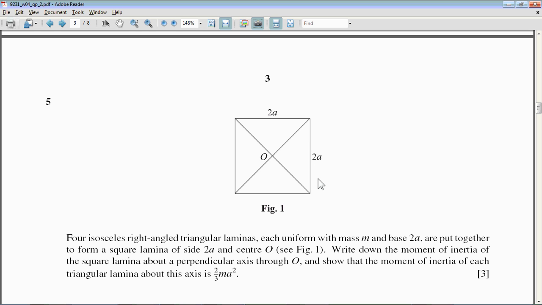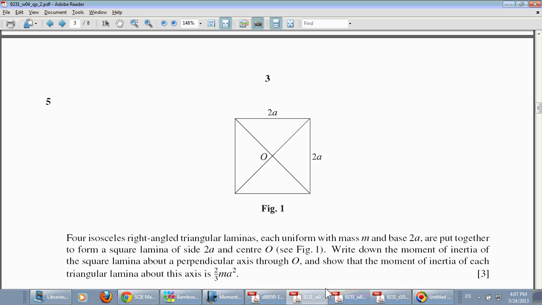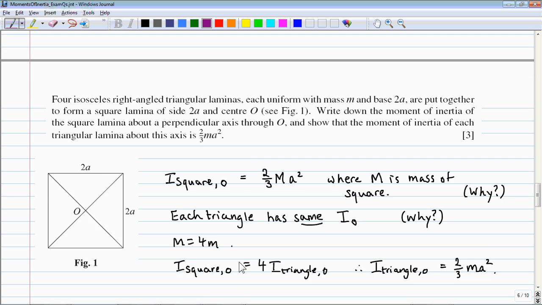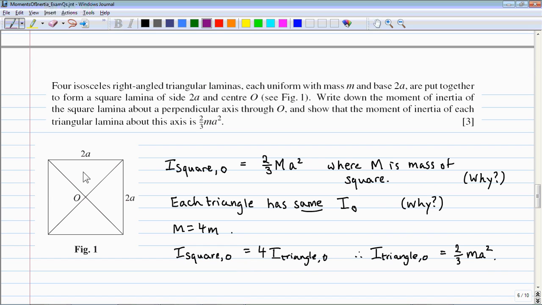It says, if we have a square of side 2a formed by just joining together four triangles, prove that the moment of inertia of each triangle is 2/3 ma squared if each triangle has mass m. Here I'm almost just making notes because I think it's very simple. Well, we know that the moment of inertia of a square is equal to 2/3 ma squared if capital M is the mass of the square.